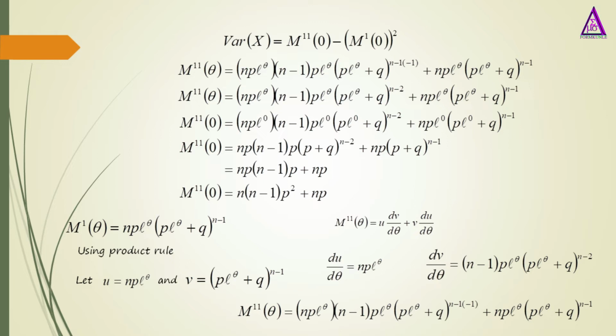That is, we differentiate u, and we differentiate v also, and the result gave us (n minus 1) p e^theta (p e^theta plus q) all raised to power n minus 2. So this is the result when we differentiate the moment generating function of the binomial twice.